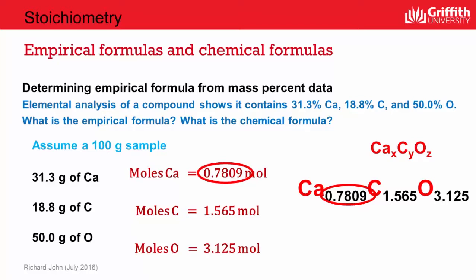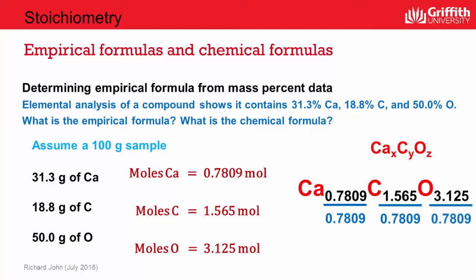And what we actually do is we divide each of these numbers by that smallest number. So the 0.7809, divide it by itself. And then we divide the 1.565 by that 0.7809. And we also divide the 3.125 moles of oxygen by the moles of calcium, 0.7809.